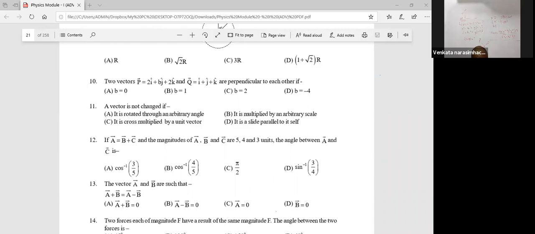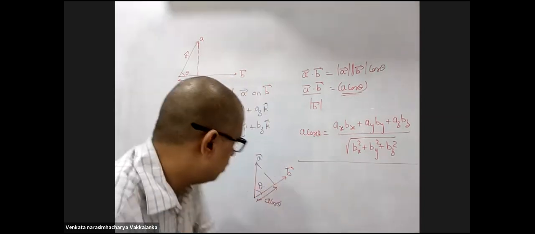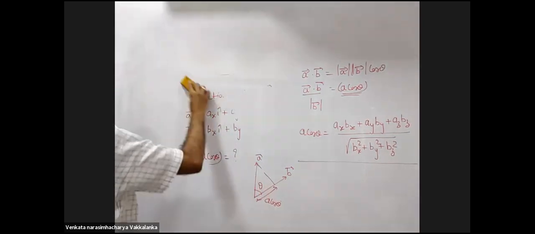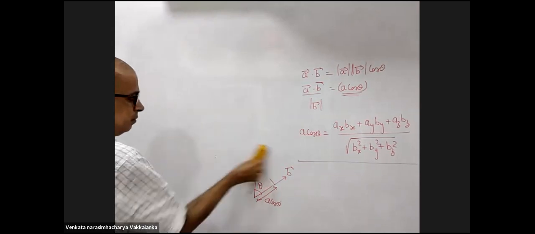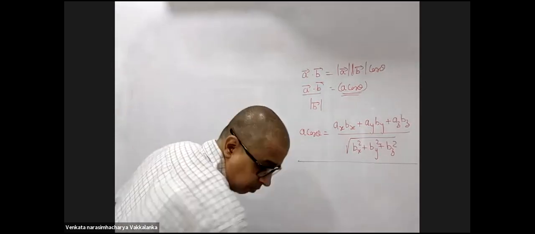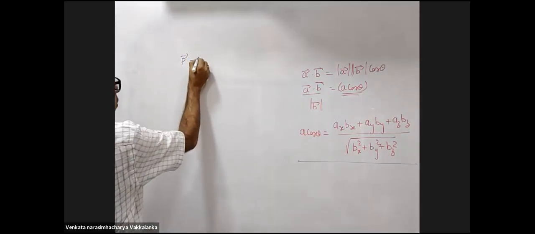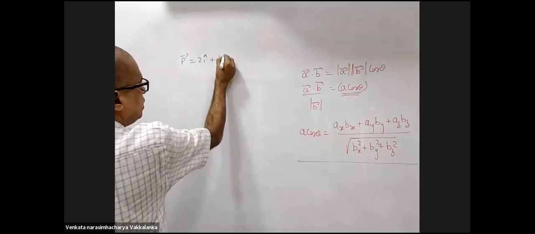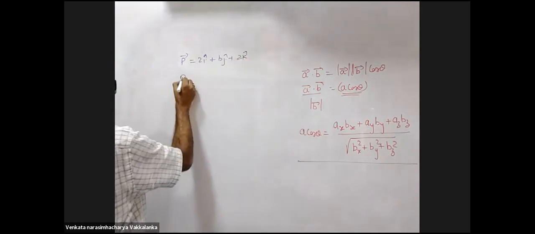Can I stop screen share? Yes, sir. Now, in the 10th question, what they have given you is P is 2i cap plus B j cap plus 2k cap.